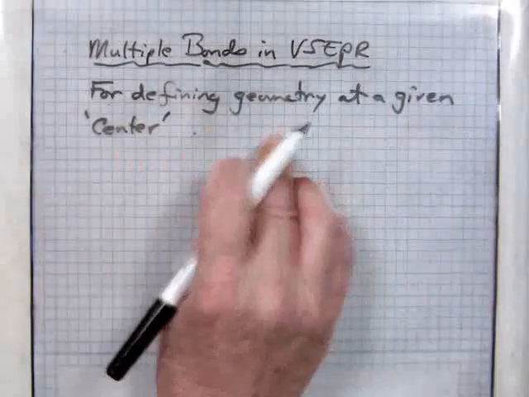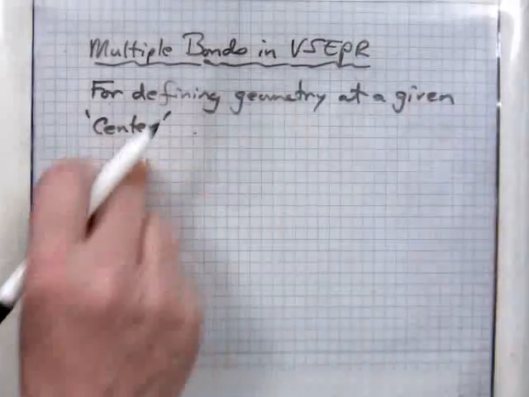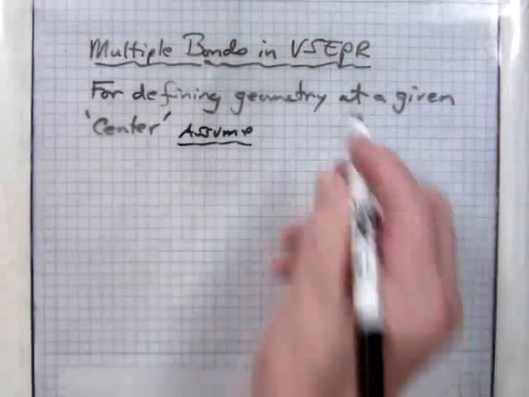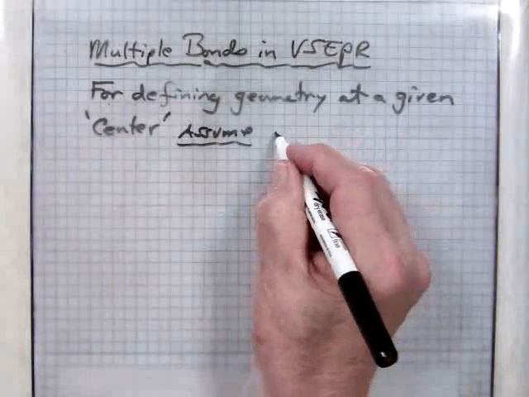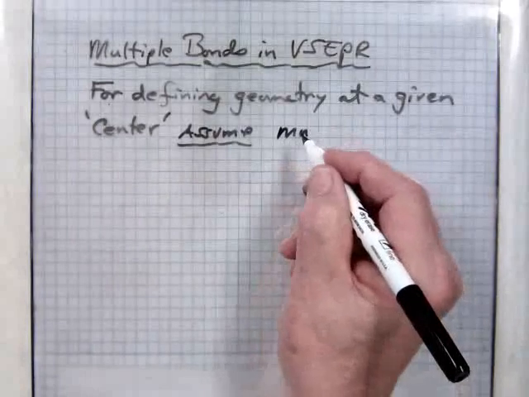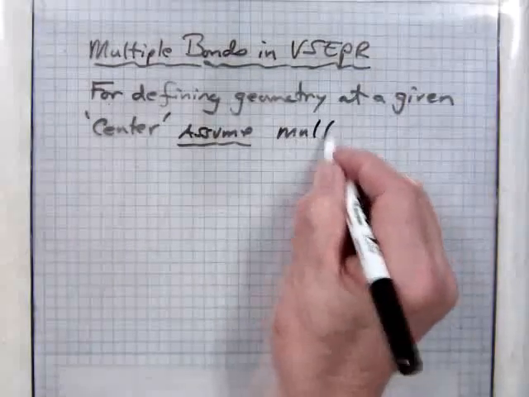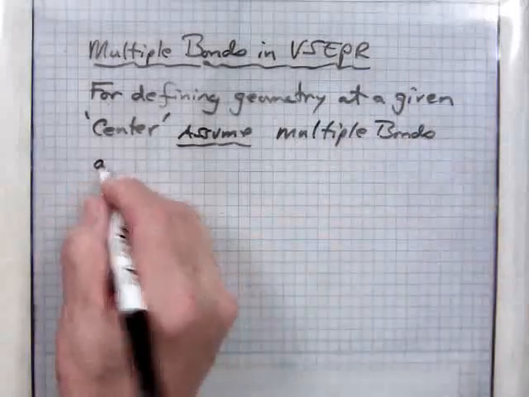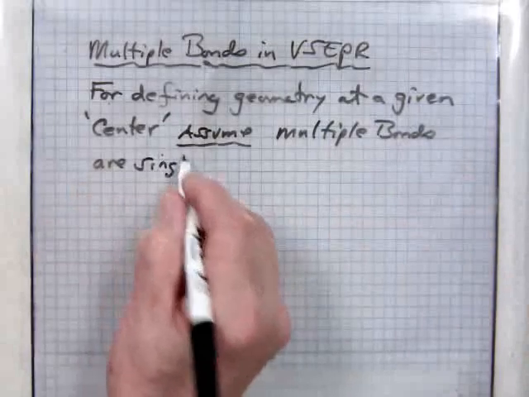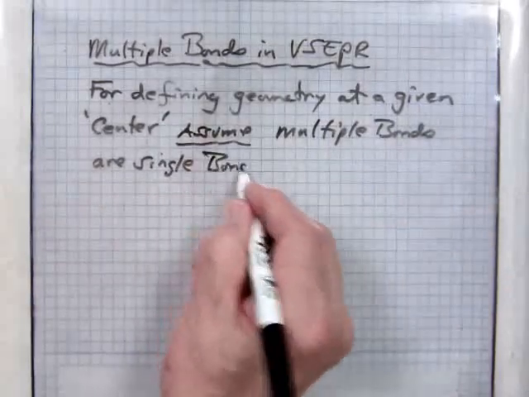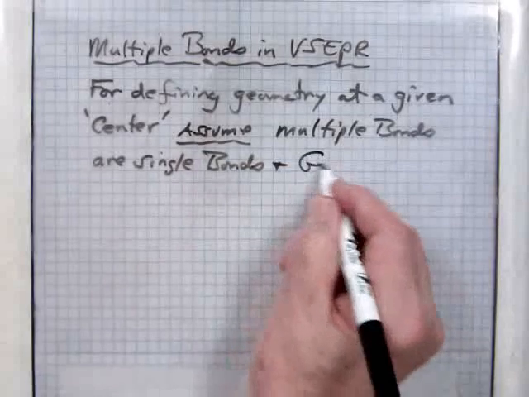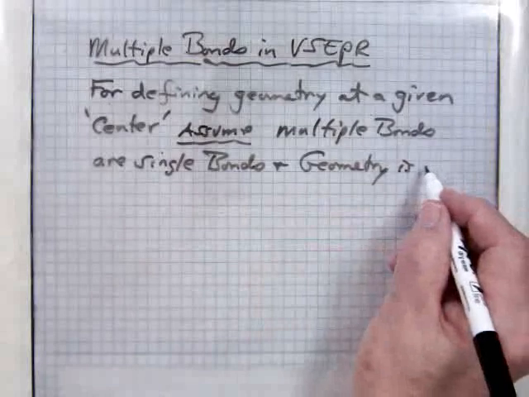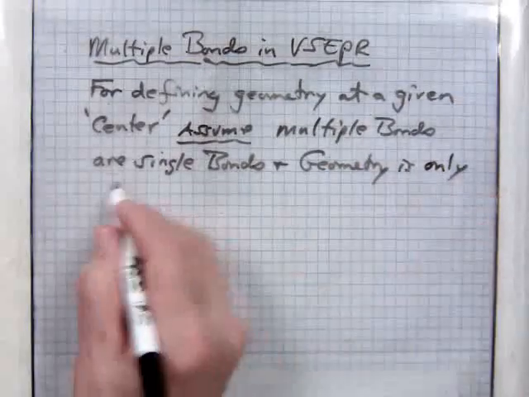For the sake of defining geometry at a given center, assume multiple bonds are single bonds. That's double, and triple. And geometry is only single bond attachments.